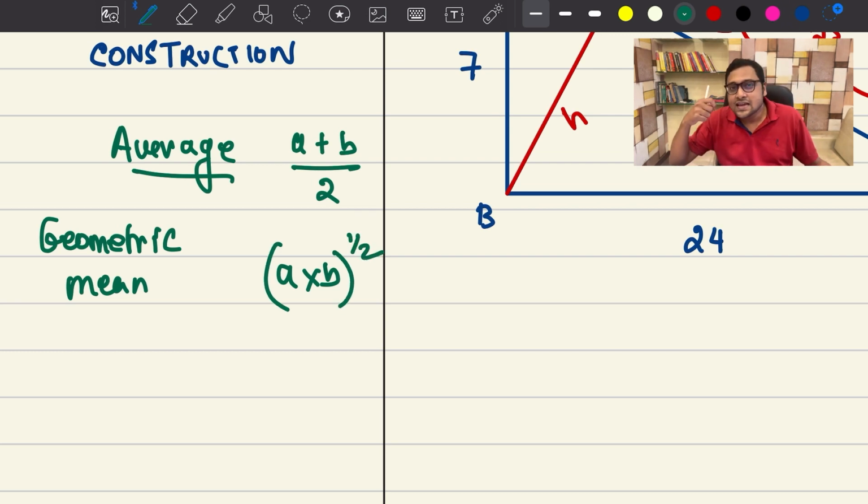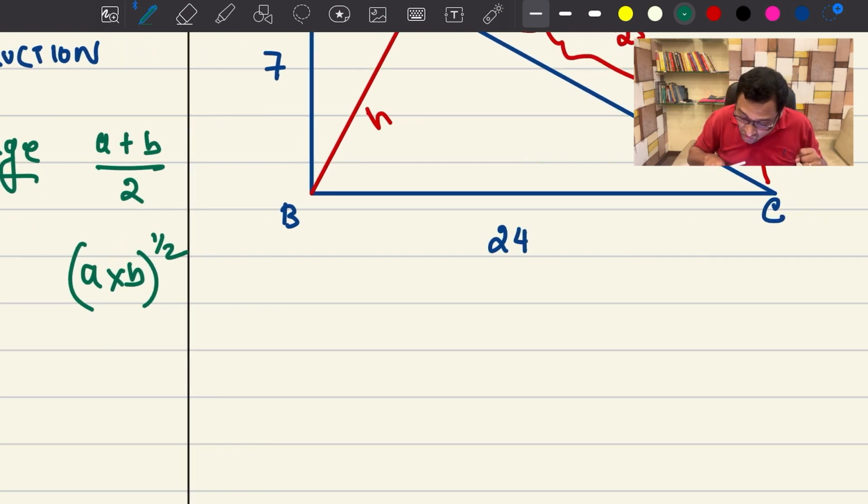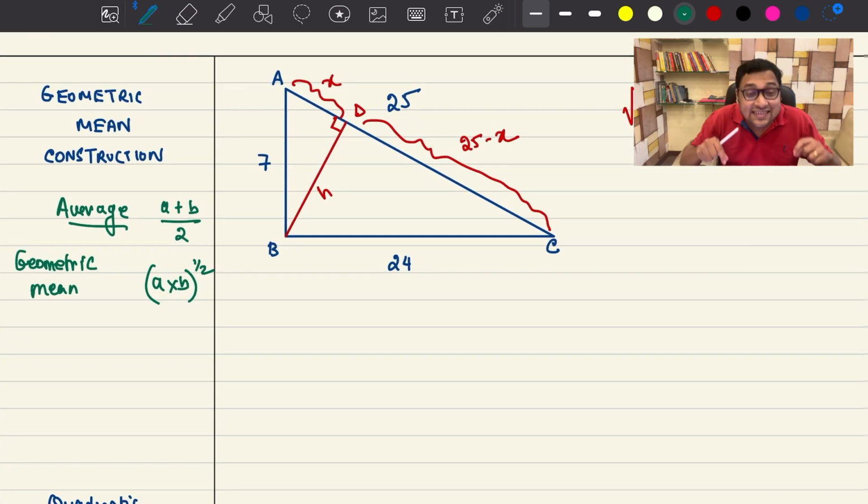Of course, we have to work with non-negative numbers, otherwise we cannot extract the square root. But assuming that both of them are non-negative, you can calculate this geometric average. What this picture gives you is a geometric construction of this geometric average.